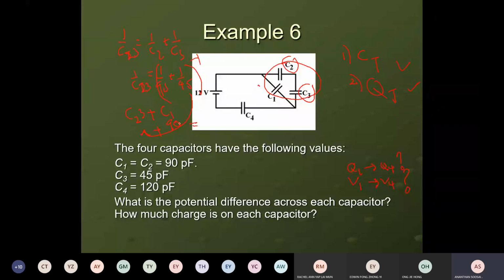So you get now C1, 2, 3, all 3 added up. So you get Y here. Then the Y you add with C4 in a series method: 1 over Y plus 1 over C4. C4 is 120. You get the total capacitance.